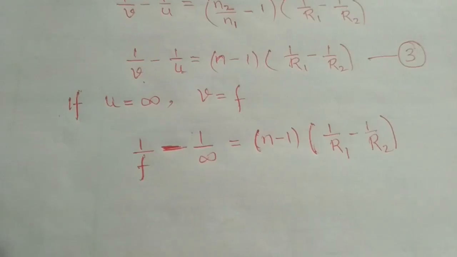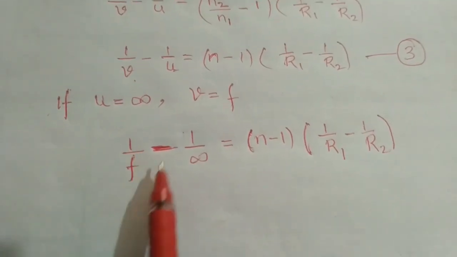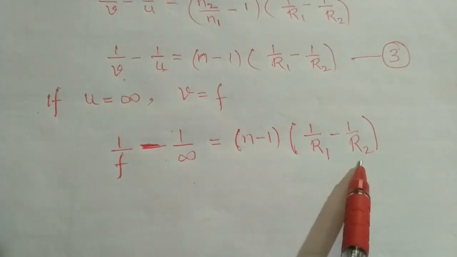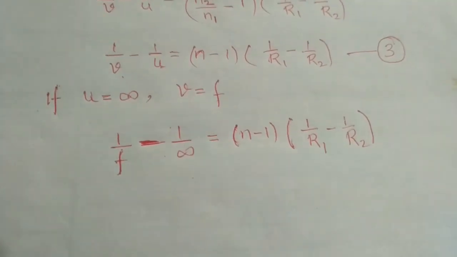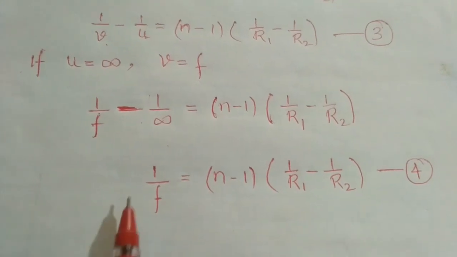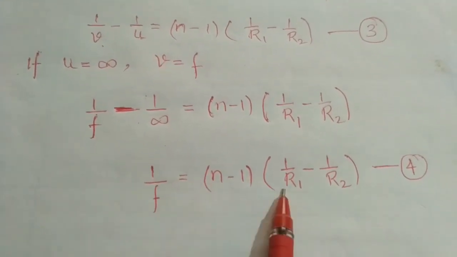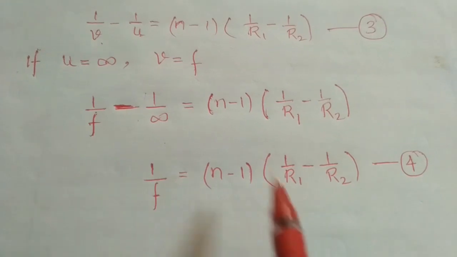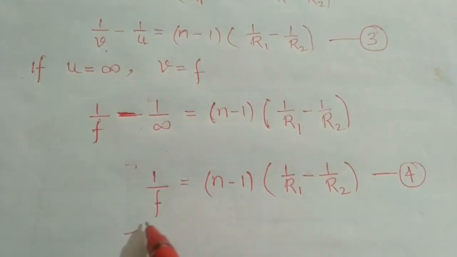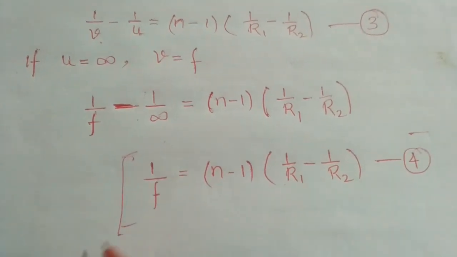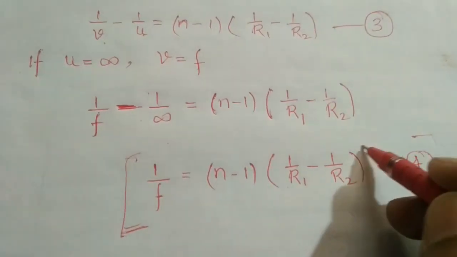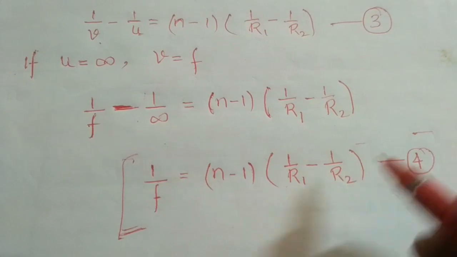So on filling the value, 1 upon f minus 1 upon infinity is equal to the remaining same. 1 upon infinity is 0. So finally it comes to 1 upon f is equal to n minus 1, 1 upon r1 minus 1 upon r2. This special equation is known as the Lensmaker formula.